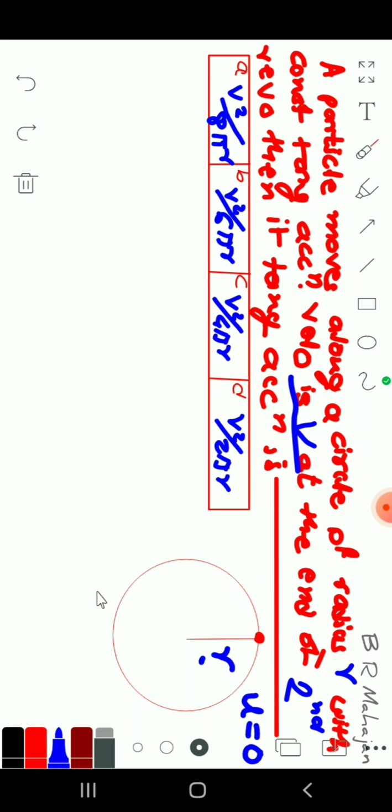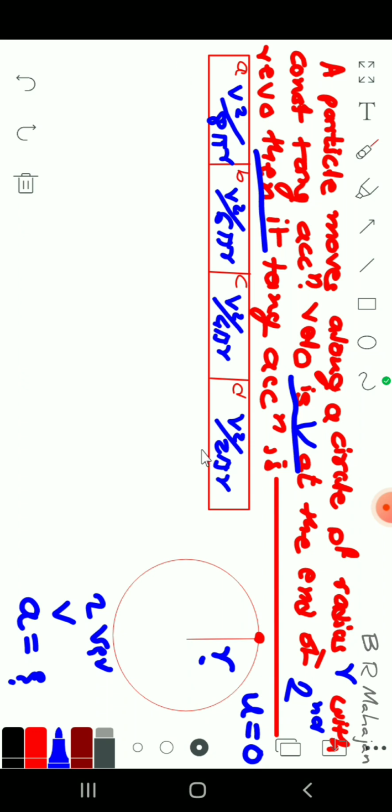Therefore, after two revolutions, velocity becomes v. What he asks then is its tangential acceleration.